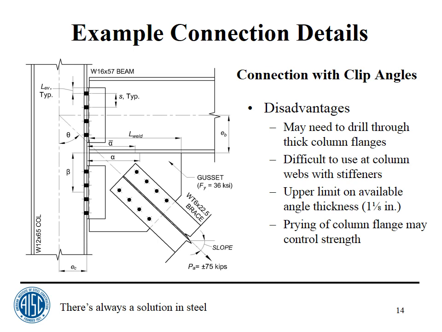There's an upper limit on the available angle thickness unless you fabricate an angle, which can always be done, but available rolled angles are 1.125" maximum thickness. And no matter what thickness you go with the angle, you may run into a problem with the column flange itself.